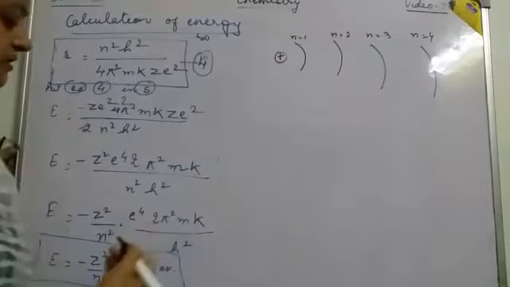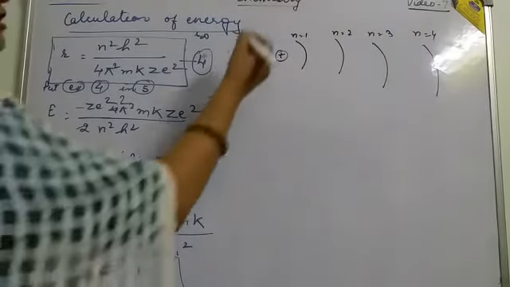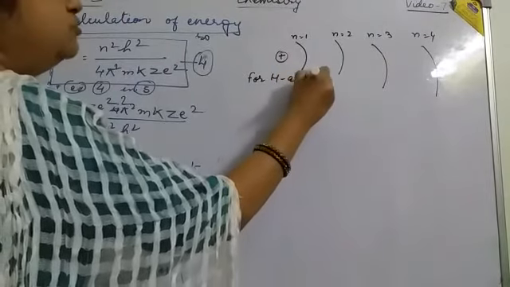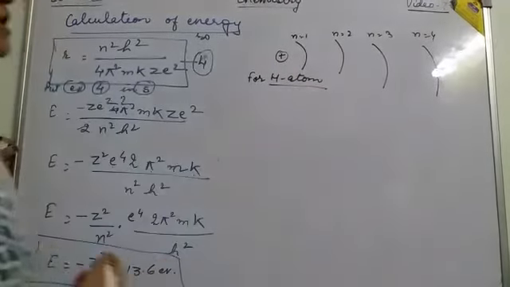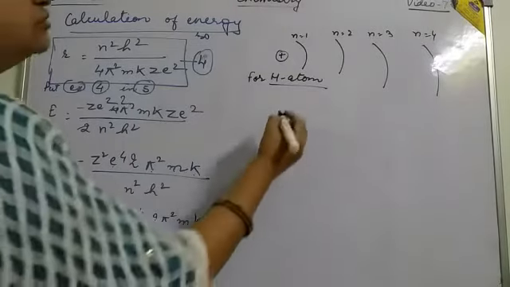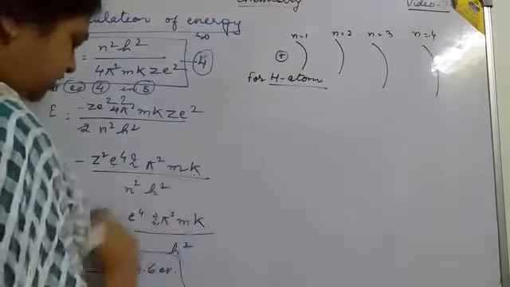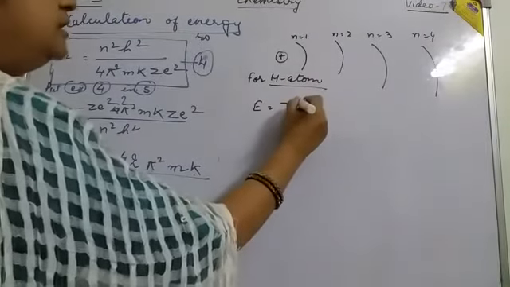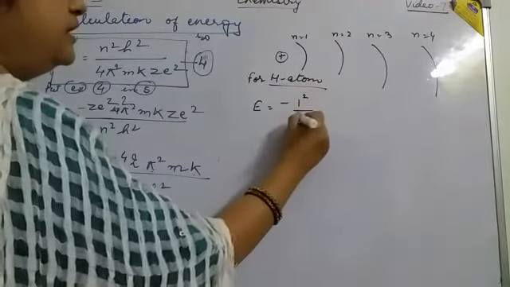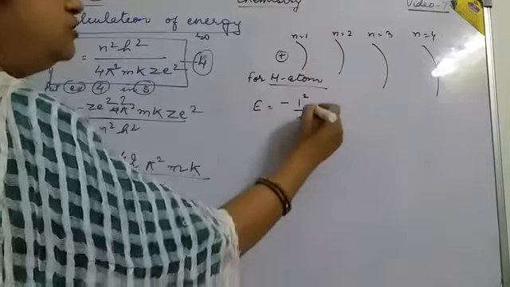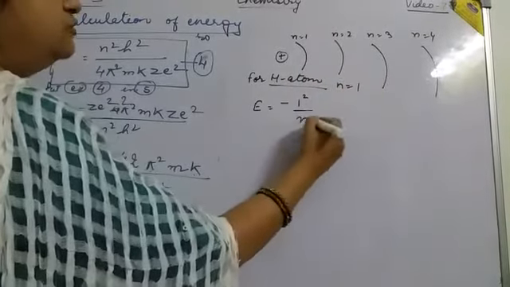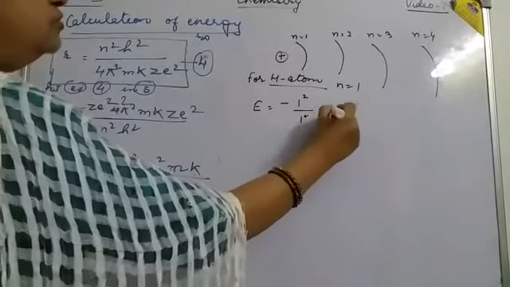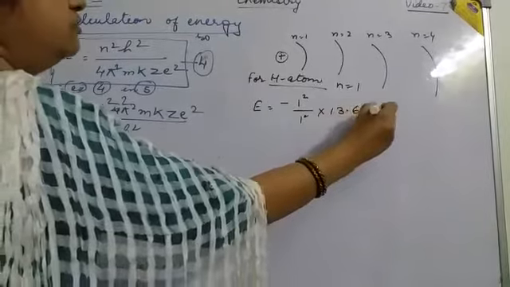For the hydrogen atom, as Bohr calculated, the energy of the first shell, with n equal to 1 and Z equal to 1, is 1 square into 13.6 electron volt.